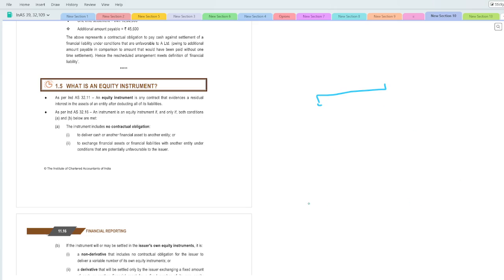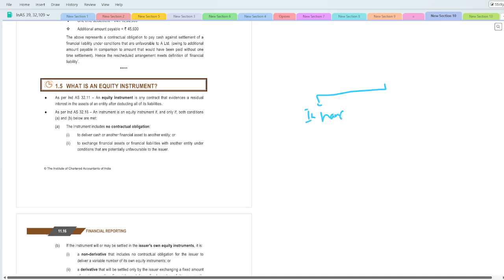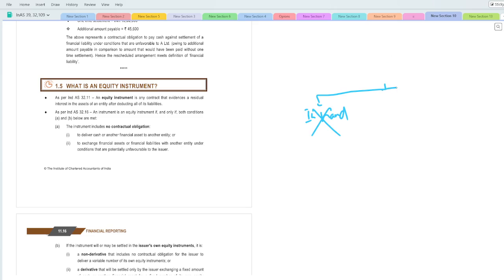Sorry. Here in hand, your cash is not there in the equity instrument. This is in the future, and it involves your own instruments, own shares.